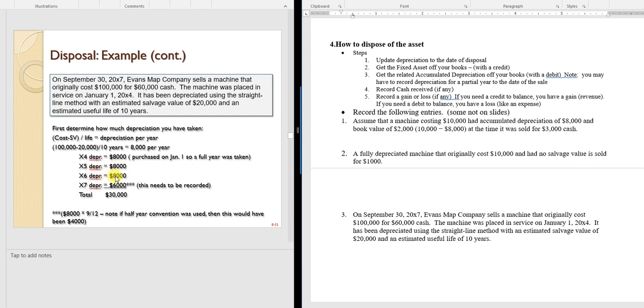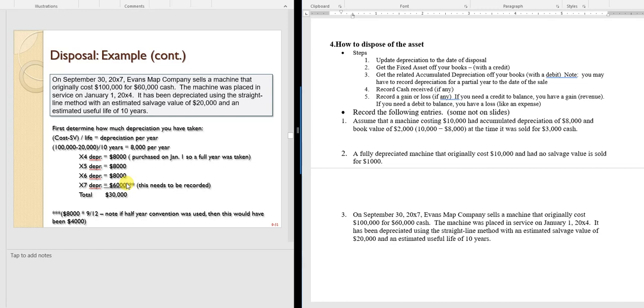X6, I owned it all year, so I took $8,000. And in X7, it's $8,000, but notice I sold it on September 30th. So I owned it 9 out of the 12 months, so 8,000 times 9/12 is 6,000. If the half-year convention was used, I would have simply pretended I sold it on June 30th and taken $4,000.